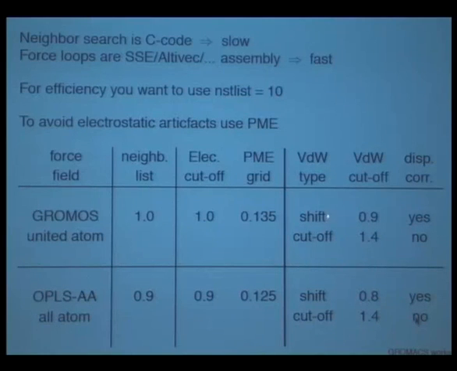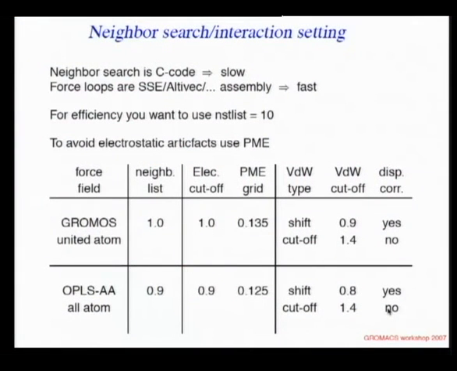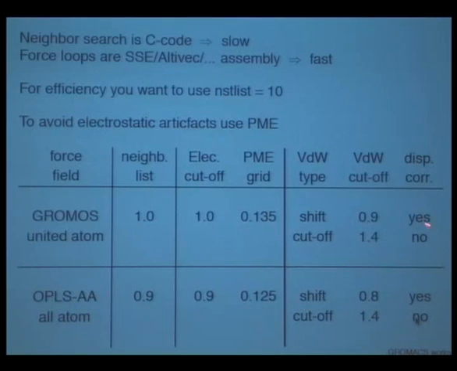Then you have 2 choices for the Lennard-Jones, depending on whether you need to care about differences in dispersion in your system, which is usually not the case, but if you have a membrane, for instance, the density of atoms in the membrane can be quite different from water. If you do not need very accurate Lennard-Jones, you can use a shifted interaction, which means that you do not have a plain cutoff, but you let the interaction go smoothly to 0, and we can correct the dispersion as I've shown you before.